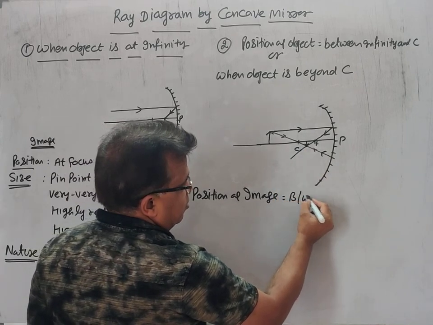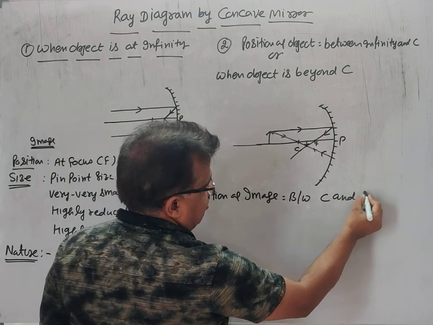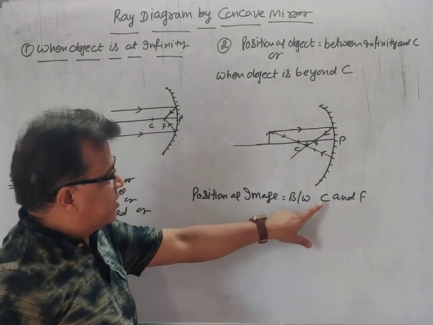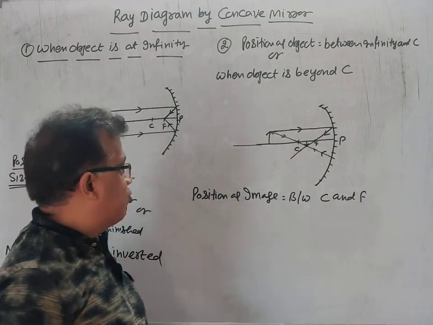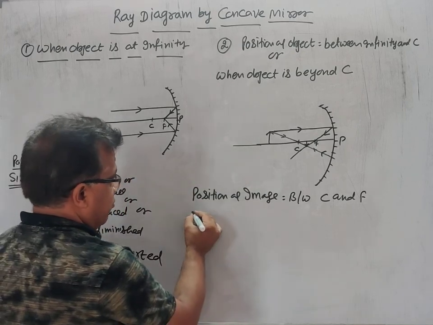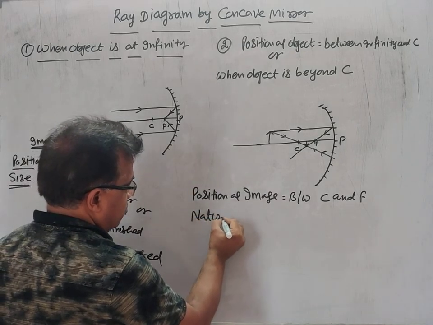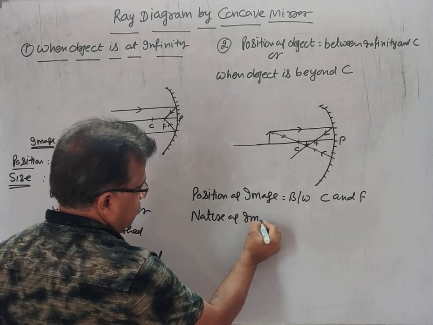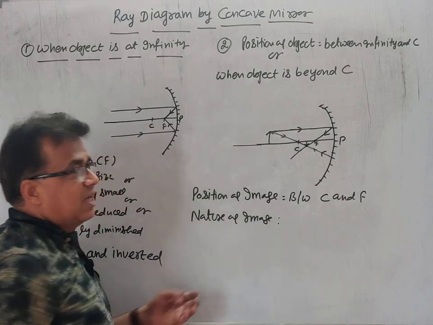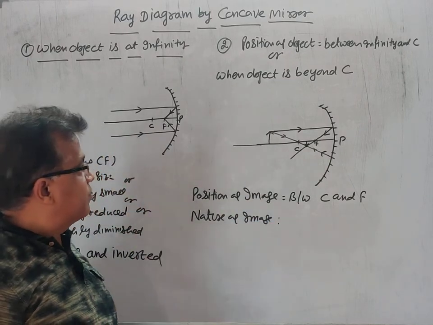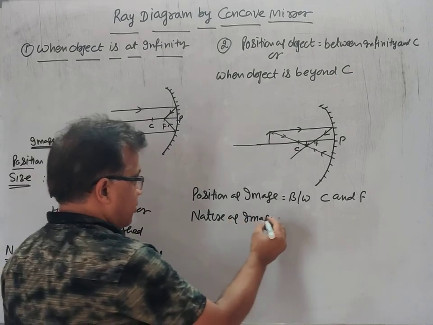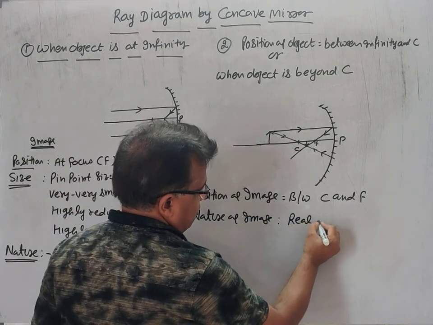Between C and F. You will write the full form: between center of curvature and principal focus. Then what is the nature of the image? As I told, the image is in front of the mirror, therefore it is real and inverted.